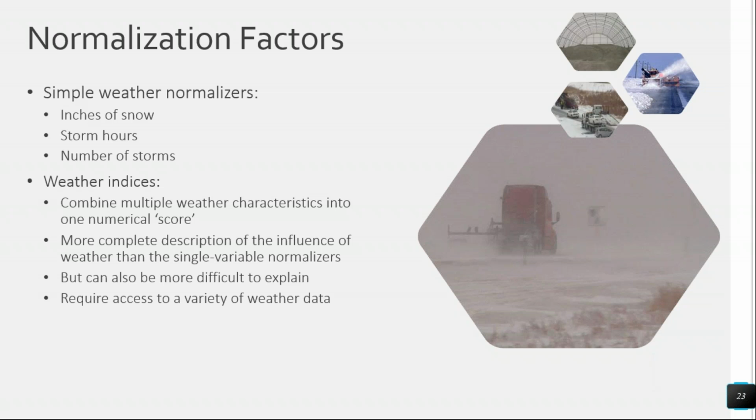So inches of snow sounds pretty intuitive, but the problem is that if you're from Iowa, freezing rain is a big deal, but it wouldn't count at all in your inches of snow. So having a weather index that can take into account, oh yeah, and by the way, there was some freezing rain too, can help lead to a much more sensitive normalization factor that really is more in tune with the true difficulty of the weather that was dealt.